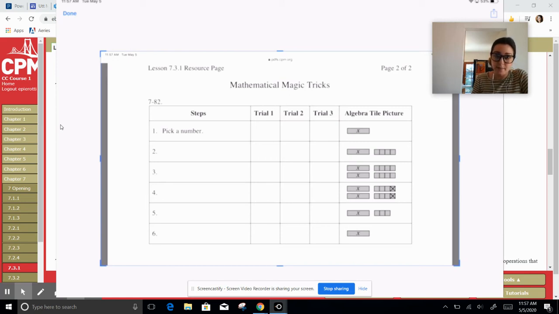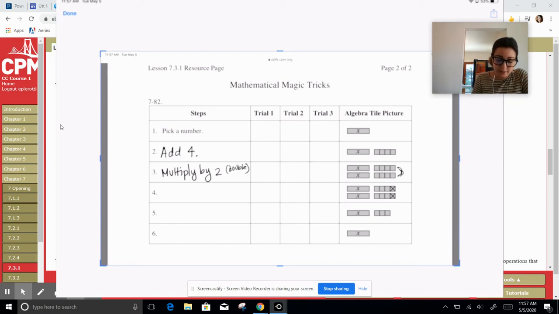So the next step looks like we're adding 4. And then it's doubling our amount here. So that would be multiply by 2. Or we could say double it.